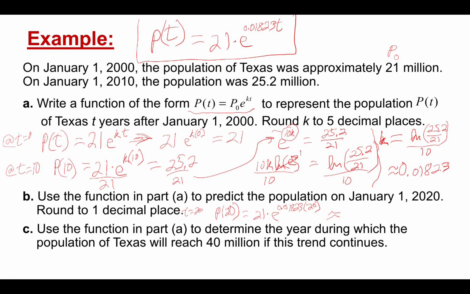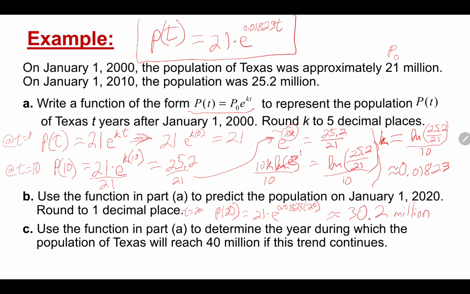Is that 5? That's 5. Okay, good. And then hit enter, and this is approximately 30.2 million people, right? Million.